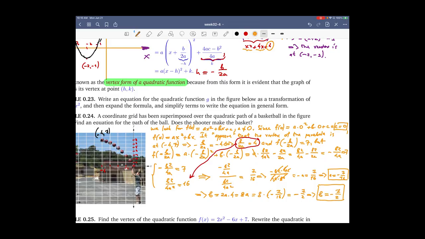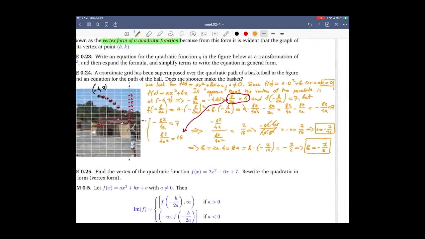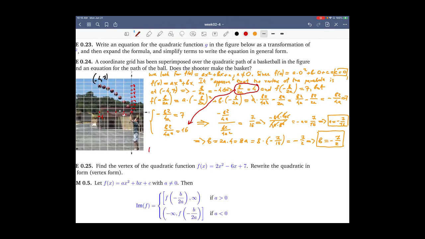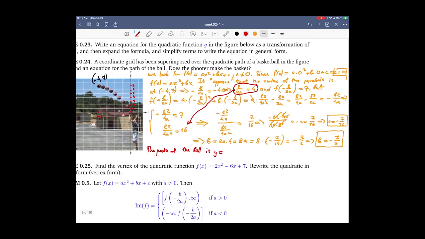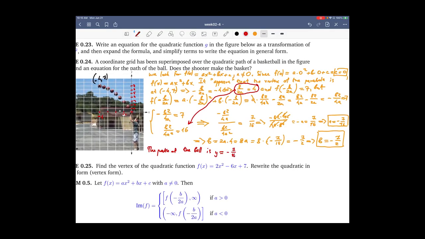So now I am ready to write down the answer for the first question, the equation for the path of the ball, that is −7/16 x² − (7/2)x.